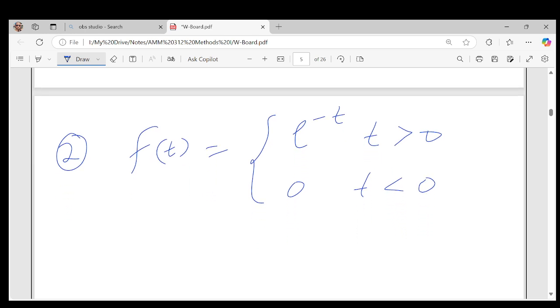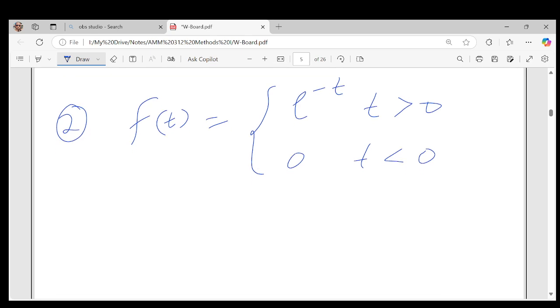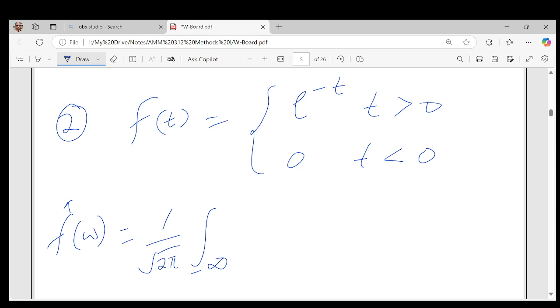We want to find the Fourier transform of this. So we write the definition: 1 divided by the square root of 2 pi, the integral from minus infinity to infinity, e raised to power negative I omega t, f of t, dt.